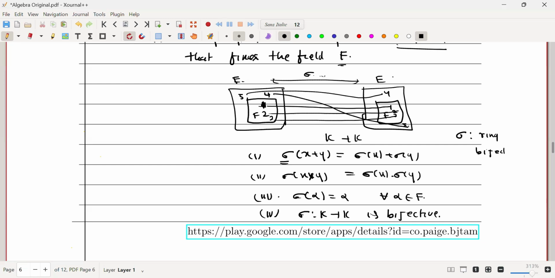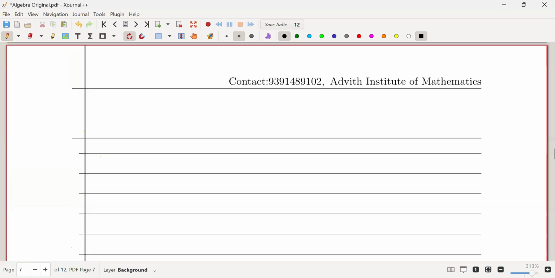So therefore sigma is an isomorphism, and sigma of alpha is equal to alpha for every alpha belongs to F, then the set of all such automorphisms forms a group, and it is called a Galois group.